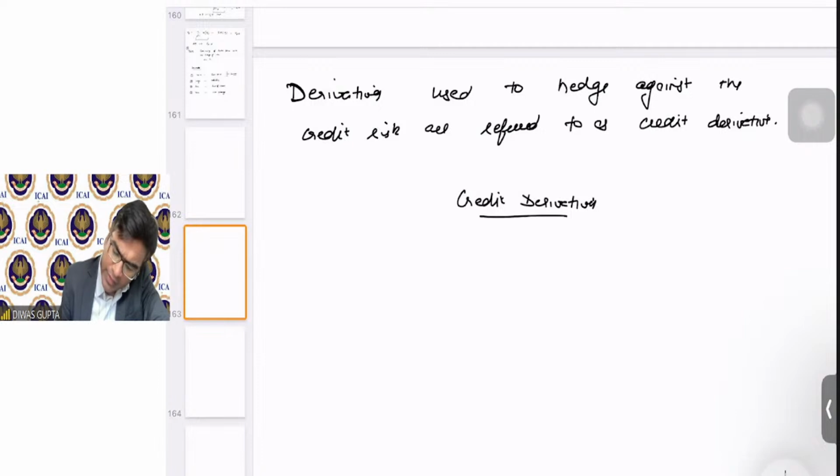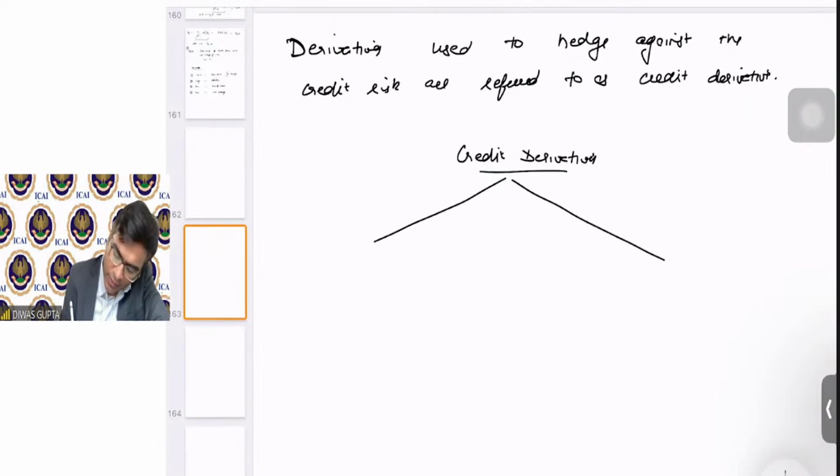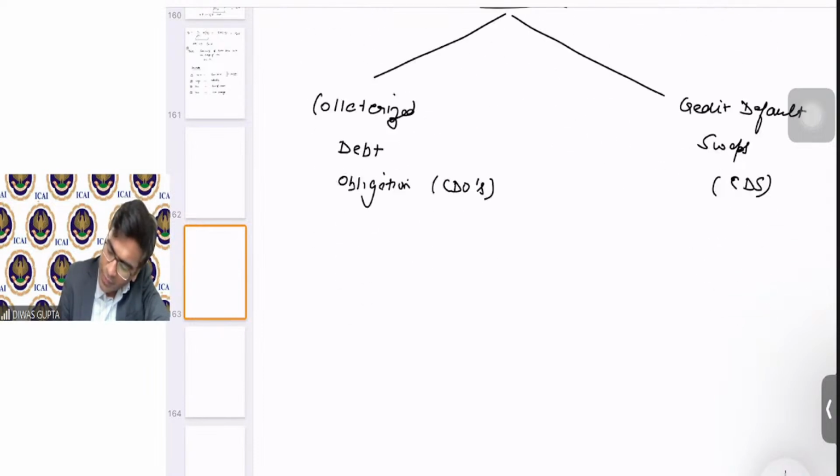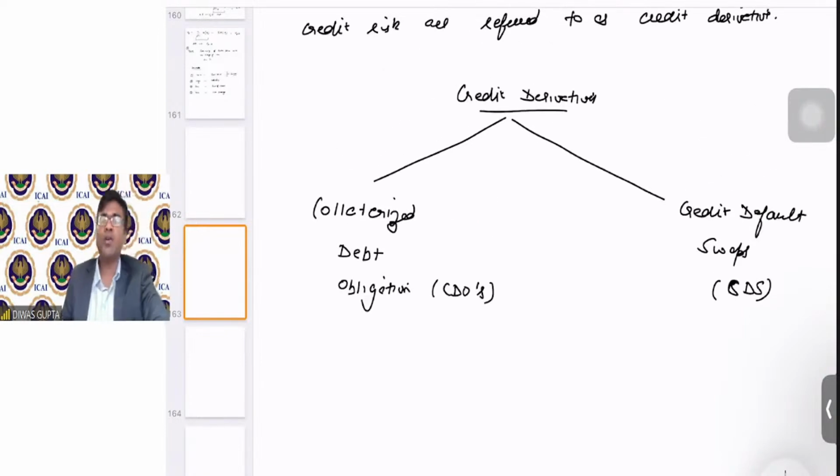So in our curriculum for credit derivatives, we have to understand broadly two instruments. One is collateralized debt obligation, which is called CDOs, and second is credit default swaps, which is called CDS.